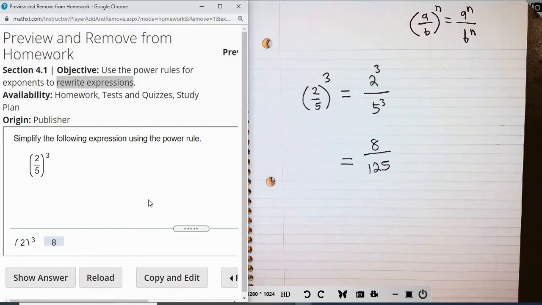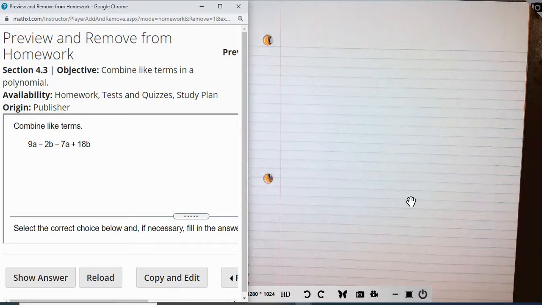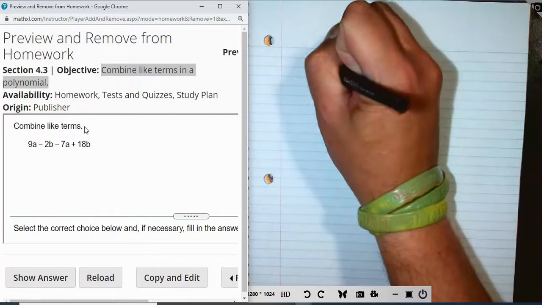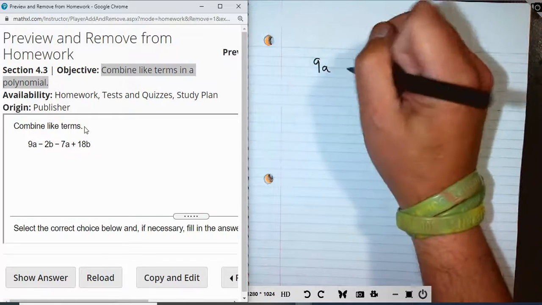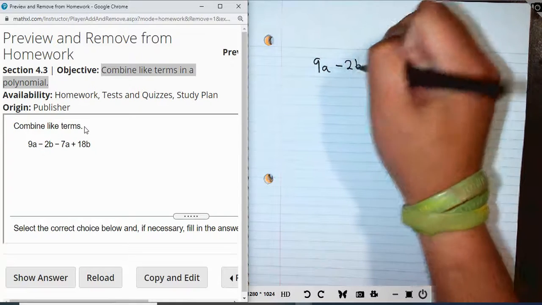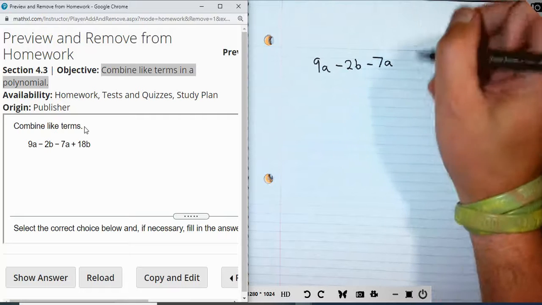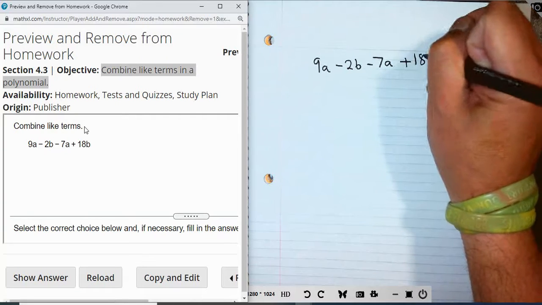Simplify. All right, here's another one that you definitely don't want to miss. All we're trying to do here is combine like terms of a polynomial. So let's write it out: 9a minus 2b minus 7a plus 18b.